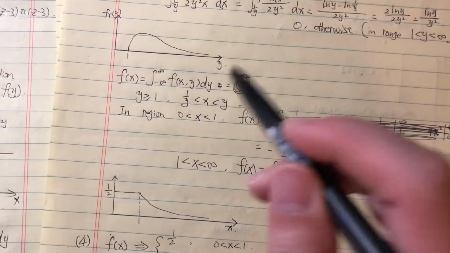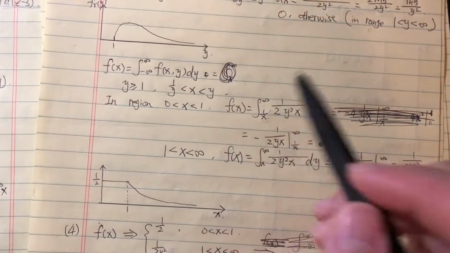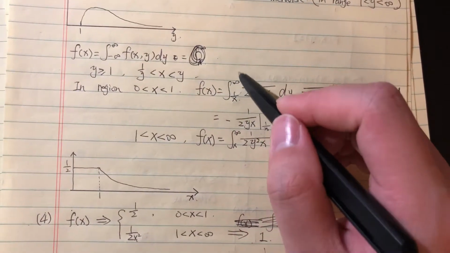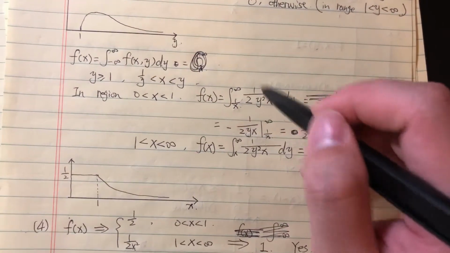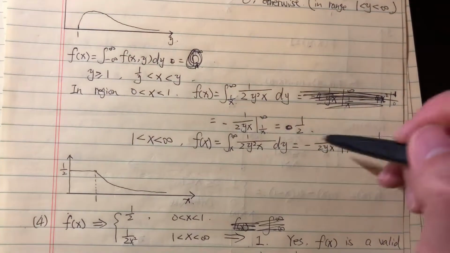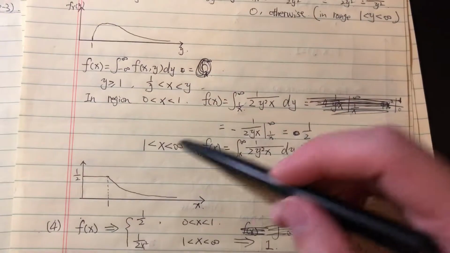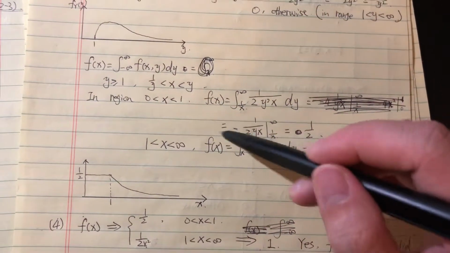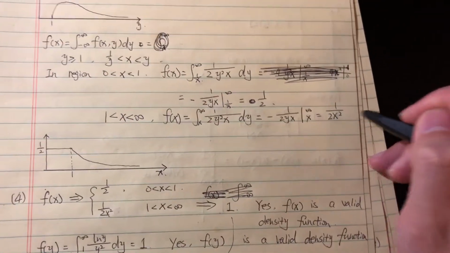When x is in the region of 0 to 1, f_X is equal to the integral from 1 over x to infinity of 1 over (2 y squared x) dy. So this is going to be a constant 1 over 2, and when x is larger than 1, f_X is going to be 1 over 2x squared.